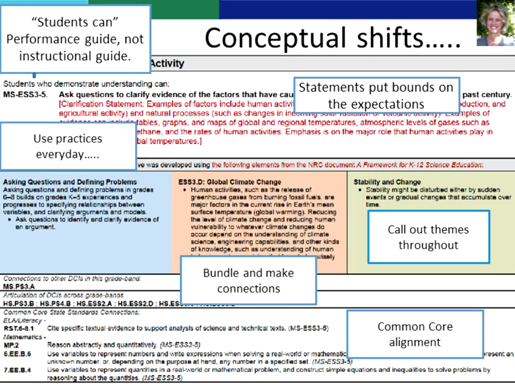Okay. Another thing to point out is that even though the performance expectations give one practice, such as ask questions, the presumption is that students are using practices throughout every day, so it's not a challenge to them to use one of the practices for the performance expectation. And we'll talk more about how practices can build with these ideas through the grades.